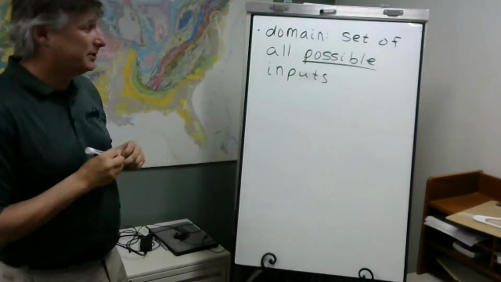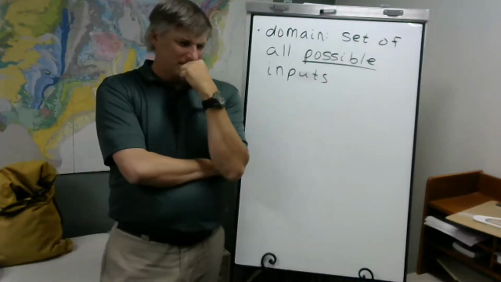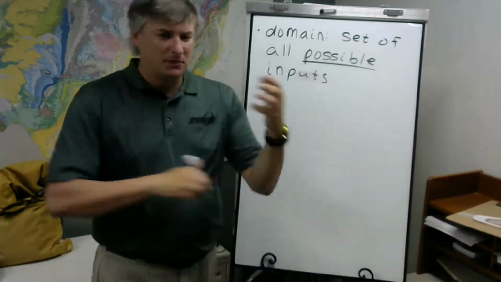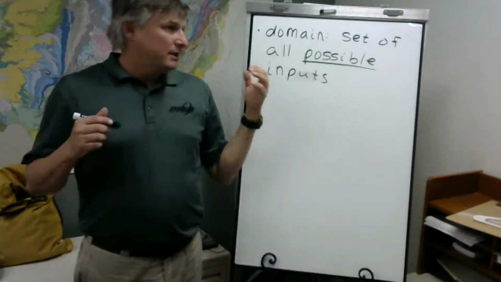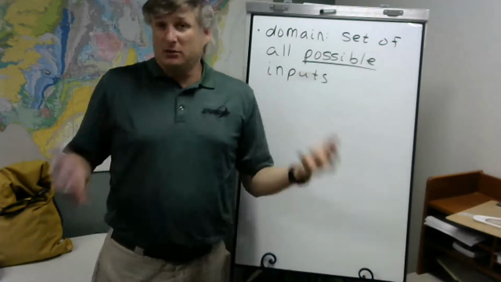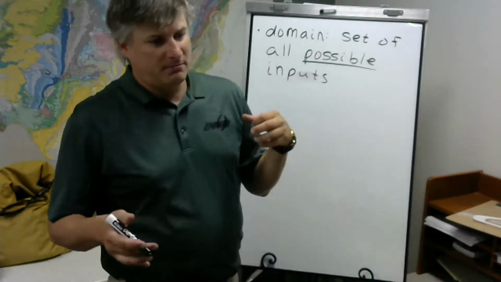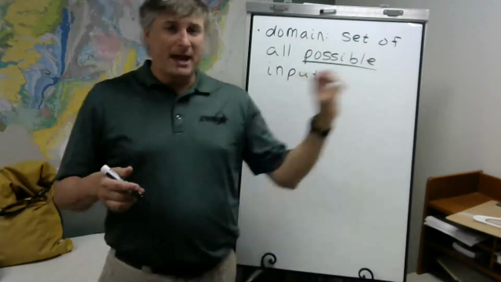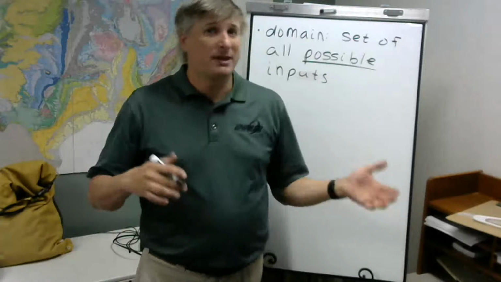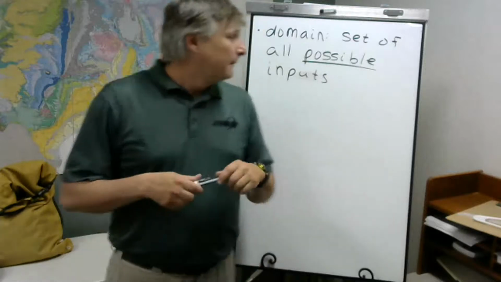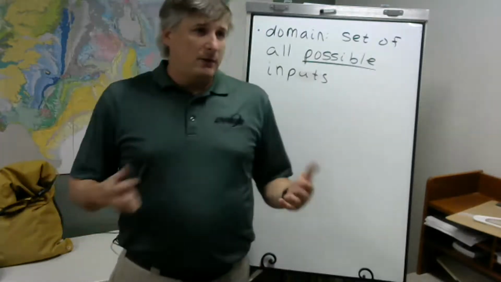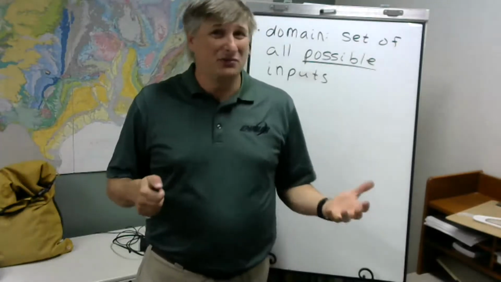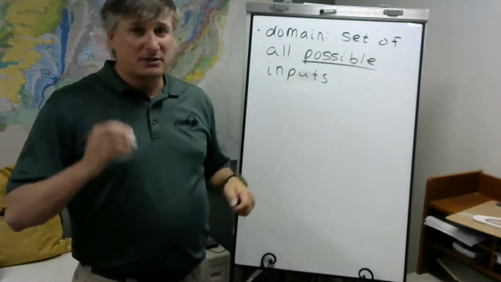So that's what we've got to look at. Now with domain, it's the independent variable. It's where we get to choose what goes into the function. And then based on how the function is constructed and what choice we've made, we get that output. The output depends on the choice we made and how the function is constructed. In this case, though, with domain, we're free to choose. But there are some inputs we're not allowed to choose. So we're going to look at some of those.